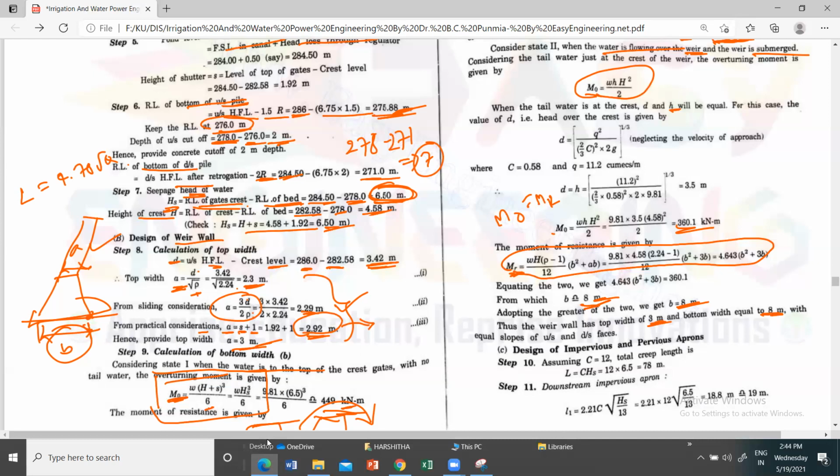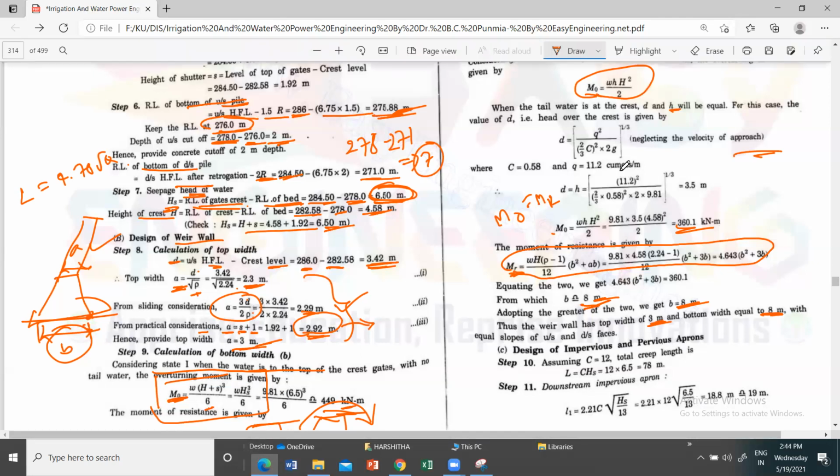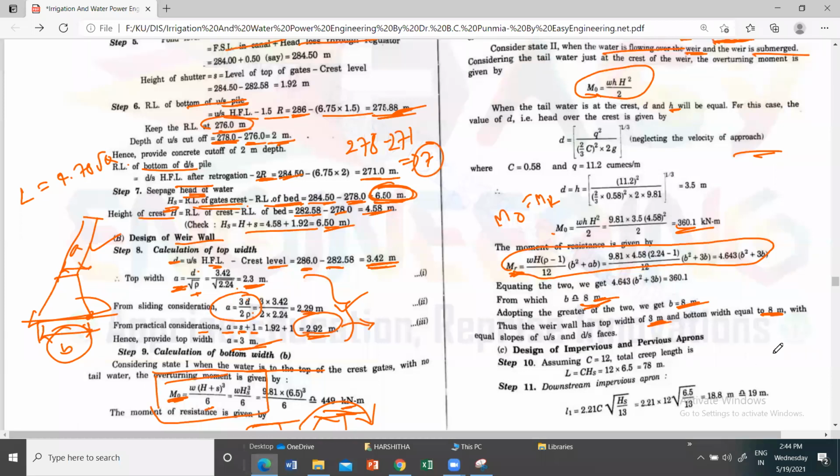So we are calculating all the levels. The top width and bottom width are calculated, and the remaining design we will show. We have designed the weir wall: the top width we need to provide is 3 meters and the bottom width 8 meters.